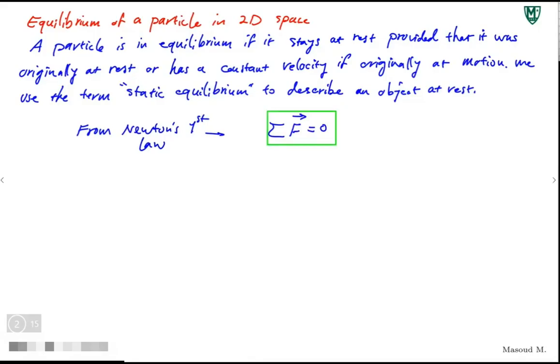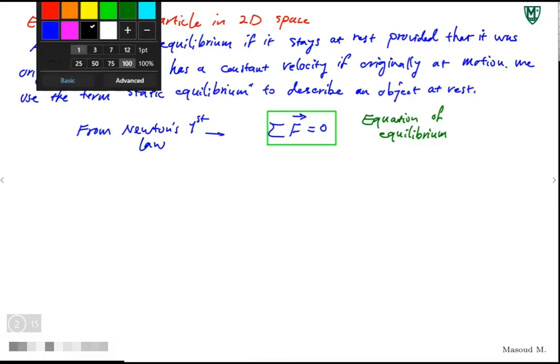This is basically what they refer to as the equation of equilibrium. Meaning that this equation describes an object, a particle, a rigid body, which is in equilibrium. Now remember, this is a vector sum.